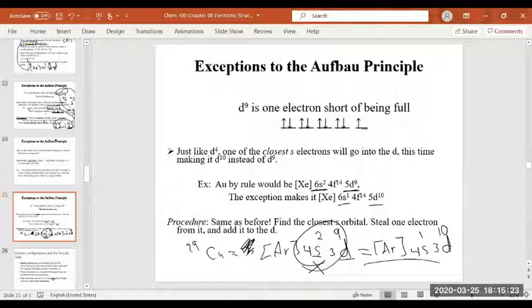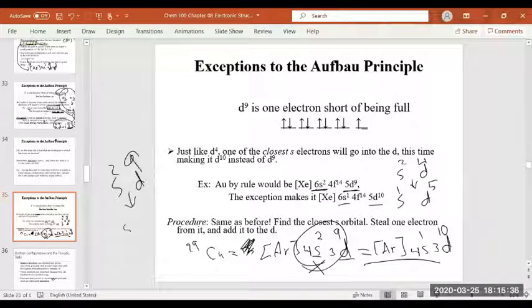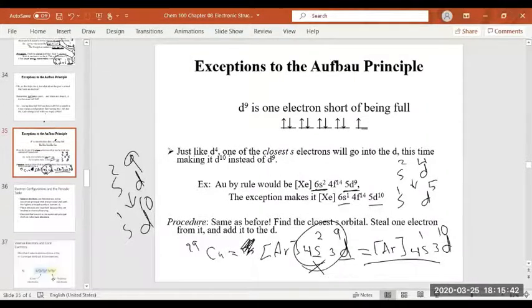Guys, just do it: when we have s2 d4, do it s1 d5, or s2 d9, do it s1 d10. Other than that, there is no exception right now, at least in your class. As I said, we have many other exceptions, especially when you are working with the higher atoms in the lanthanides and actinides, but don't worry about it right now.